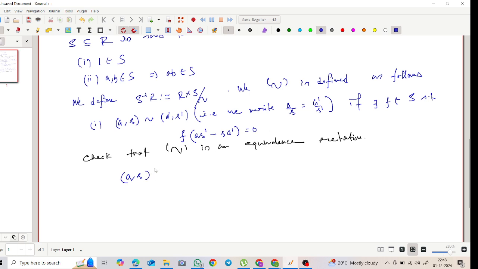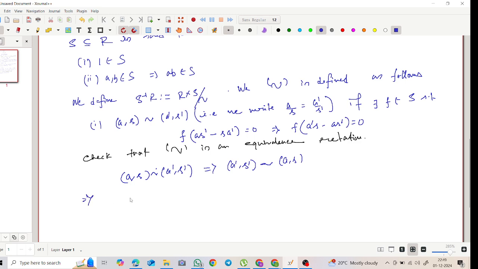If this is obvious, this implies this, this is obvious, because this means you can multiply it by minus and get that A prime S minus A S prime equals 0, na. So this is obvious, right?